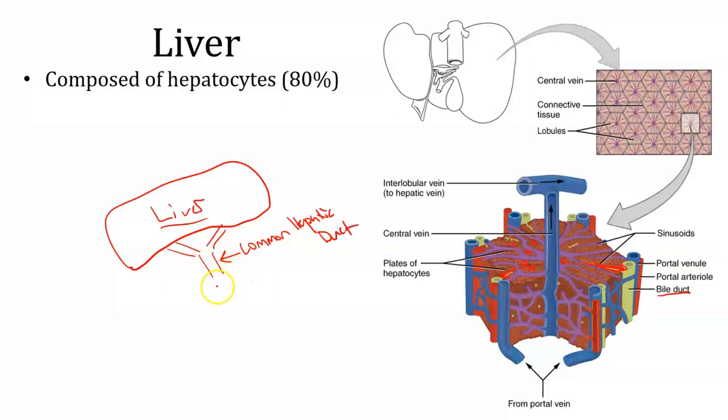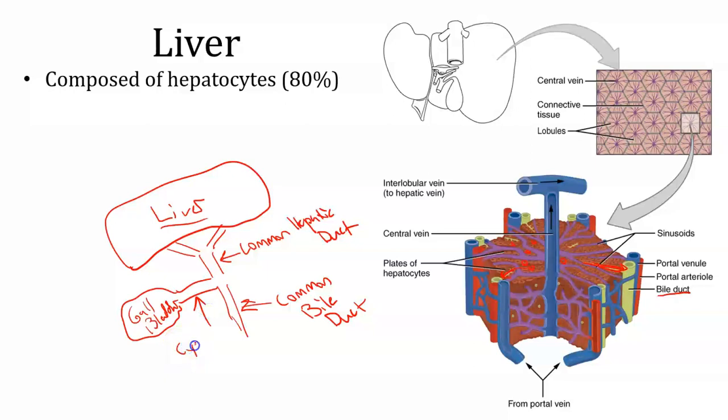From here, it continues on into forming what's known as the common bile duct. But there's a little offshoot, there's a little branch here off the side where there's an organ called the gallbladder. And that branch is called the cystic duct. Okay? And then from here, this gets brought down into the duodenum. All of that bile will come down.